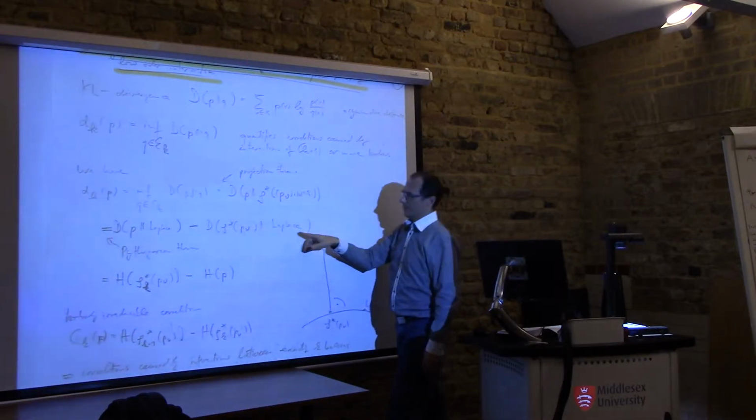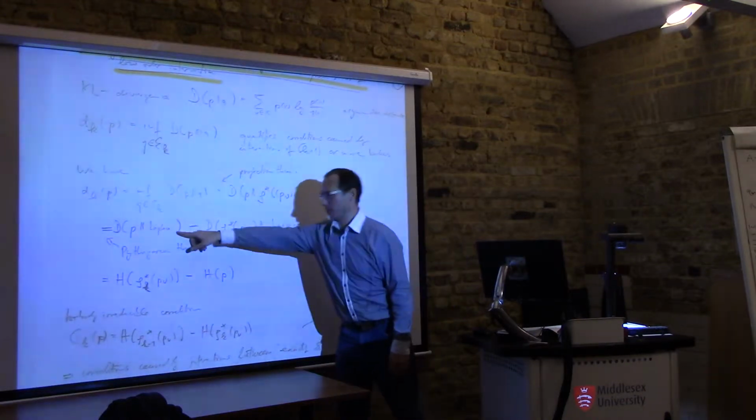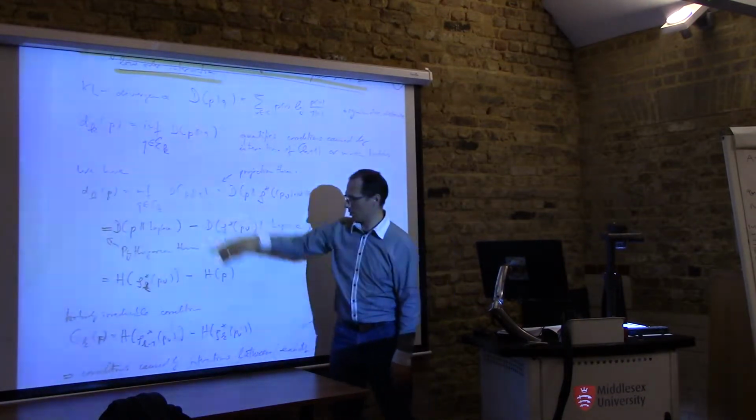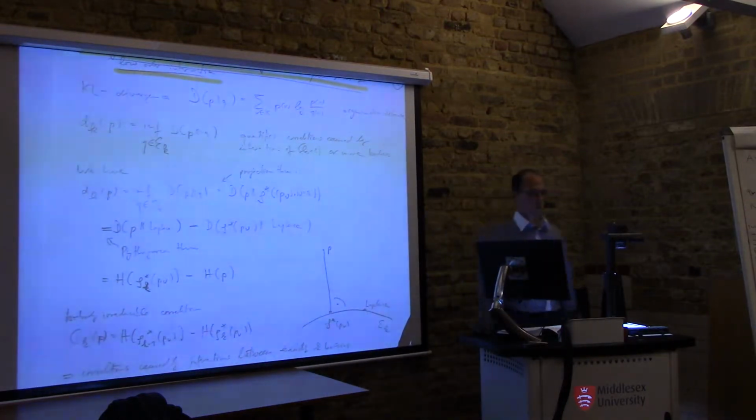of KL divergences from the uniform distribution, the Laplace distribution, and then we turn things around and have the difference of Shannon entropies. For any Gibbs family, you can always compute the divergence as a difference of Shannon entropies.